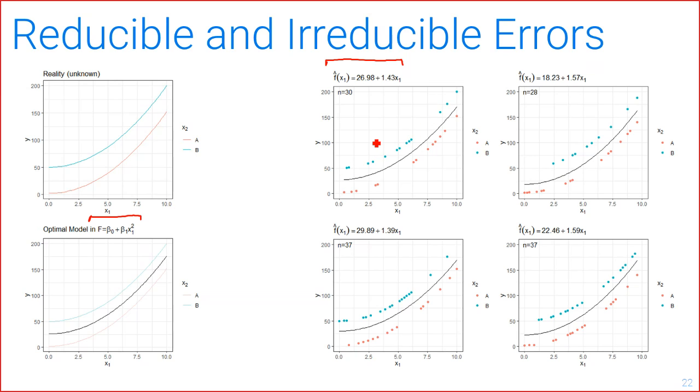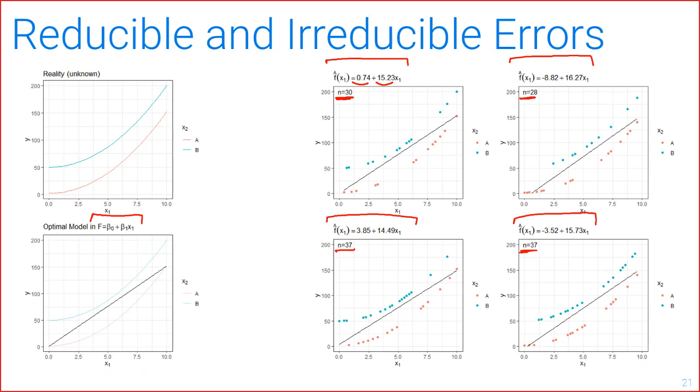So the point is, here is some degree of error that we are never going to be able to get rid of because we don't have knowledge of x2, right? You see that here. We are never going to be able to get rid of this error because it would require for us to know about x2.